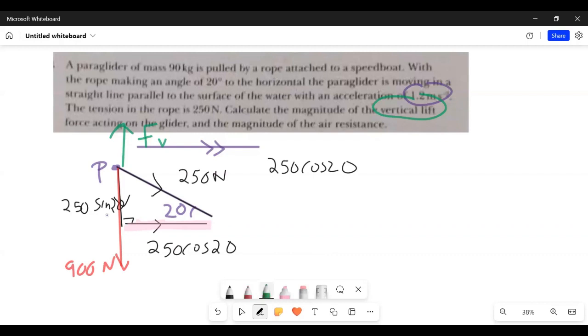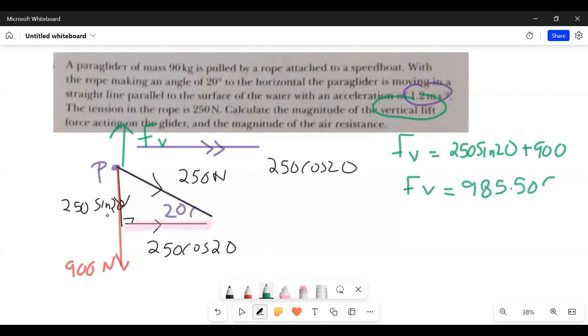That means that the force of the vertical lift should be equal to the two downward forces, 250 sine 20 plus 900. So that should give the vertical lift, which is 250 times sine 20 plus 900. That's 985.505. So that's 986 newtons.